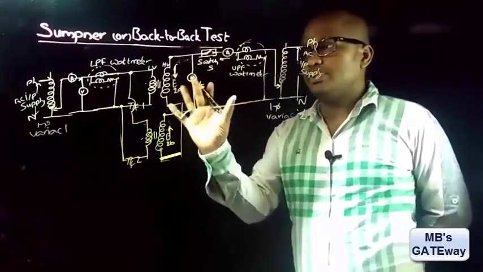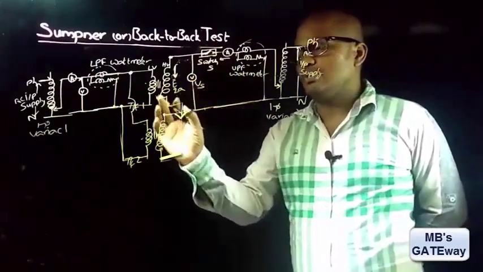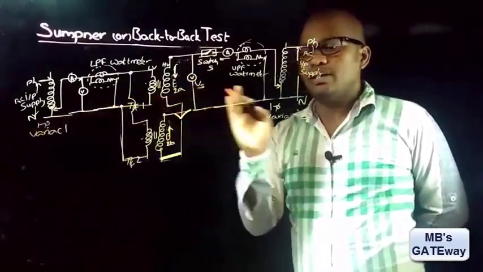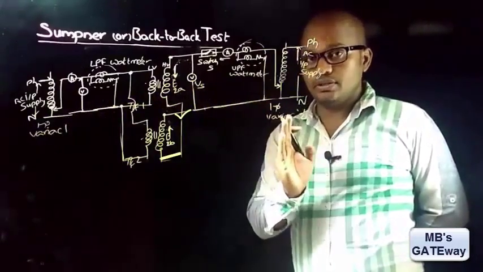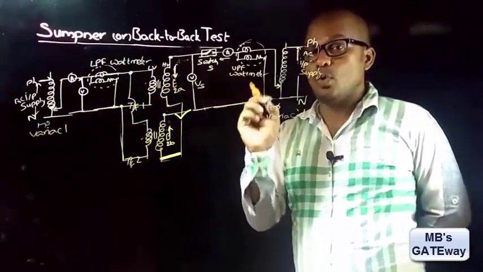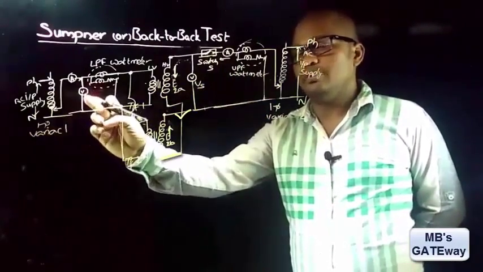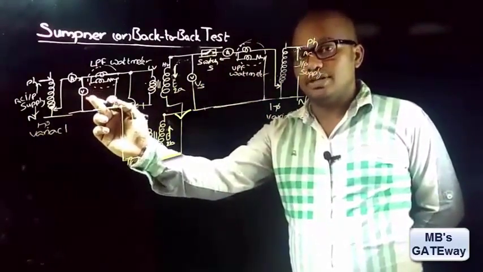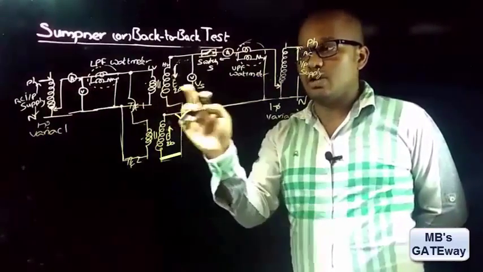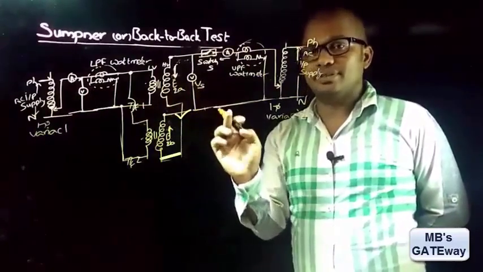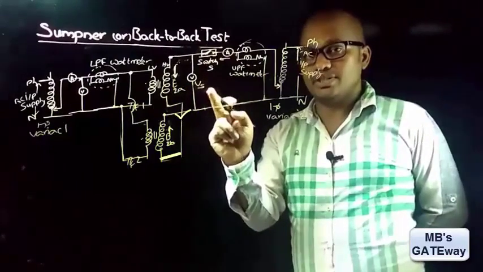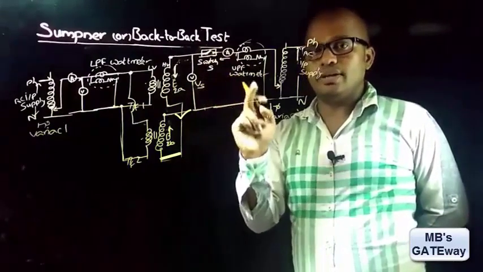The procedure to conduct this test is that first you must ensure that variac 1 and 2 are at minimum position and the switch is in open position. Now vary variac 1 till the voltmeter reads the rated LV voltage, and observe the voltmeter Vs reading. If the Vs reading is 0, then continue to the next step.